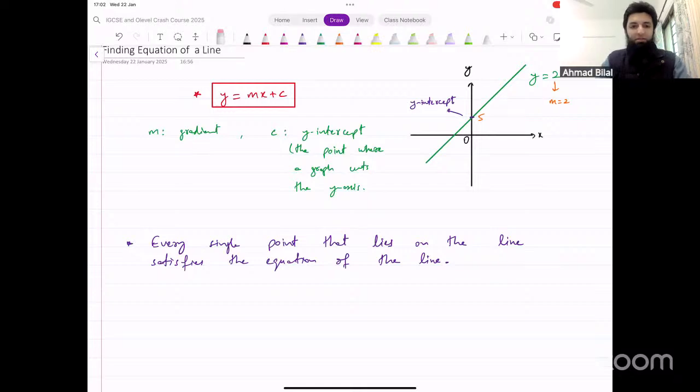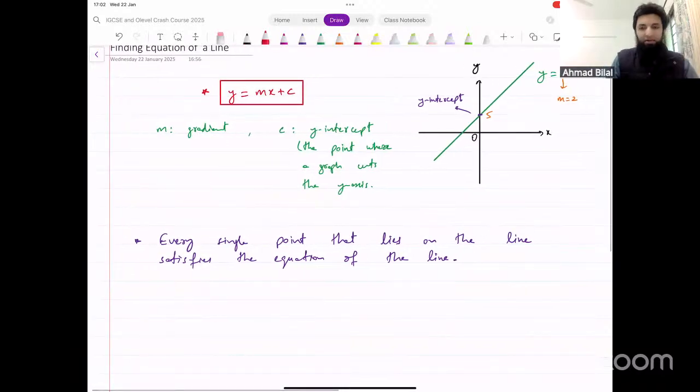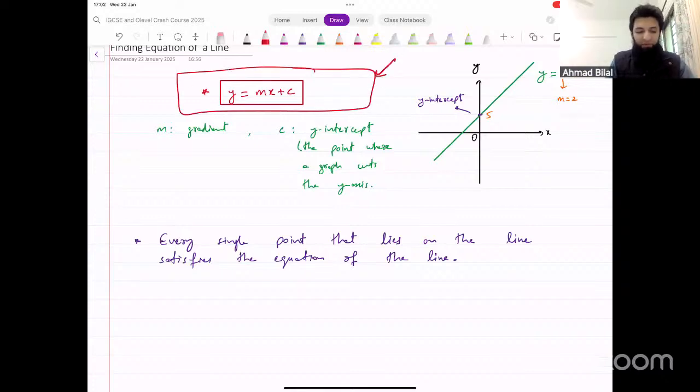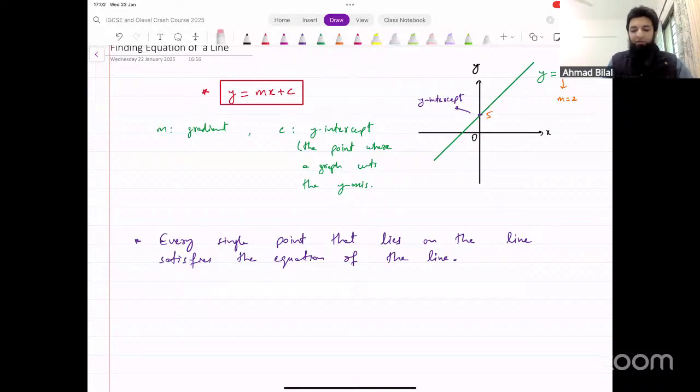So now the question is, how do you find such an equation? How do you find equation of a line that looks like this? How do you find that equation? Let's understand that process now. This is the standard form that we will be using, y equals mx plus c. Let's see how we can find the equation of a line given some information.